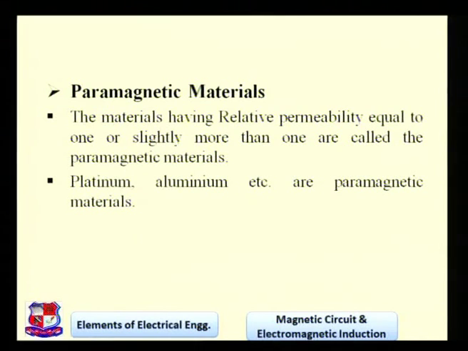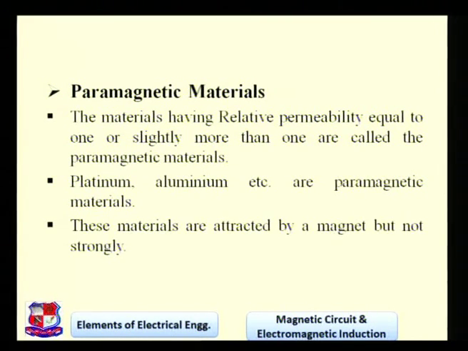The examples of paramagnetic materials are platinum, aluminium, etc. These materials are attracted by a magnet but not strongly because the permeability is not as high as in ferromagnetic materials, so paramagnetic materials will be attracted by a magnet but not very strongly.